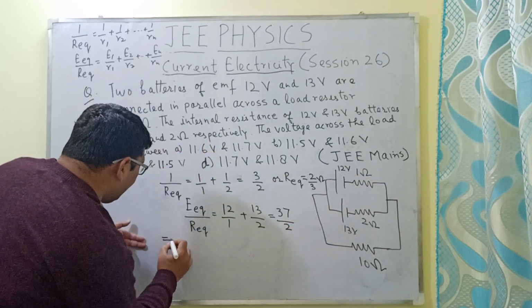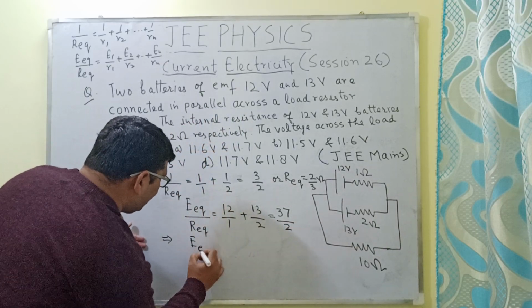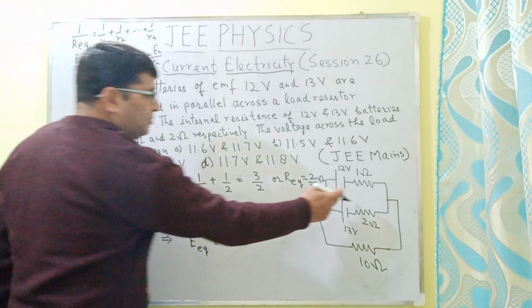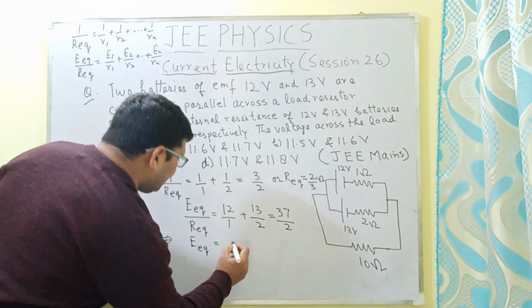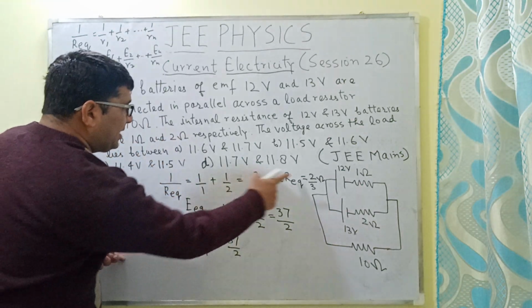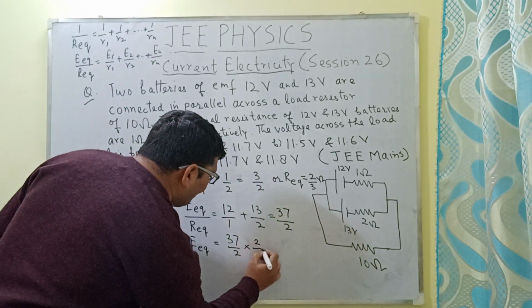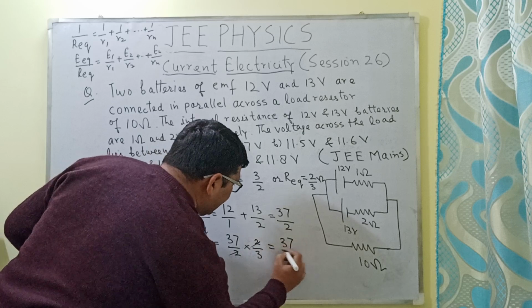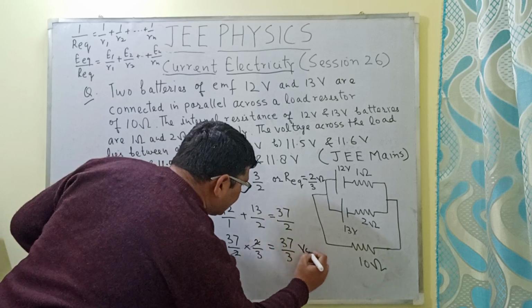Or it implies that E equivalent, that is the equivalent EMF of this parallel grouping, is equal to 37 by 2 into R equivalent. R equivalent is 2 by 3. So 2 will cancel out, and that is equal to 37 by 3 volts.